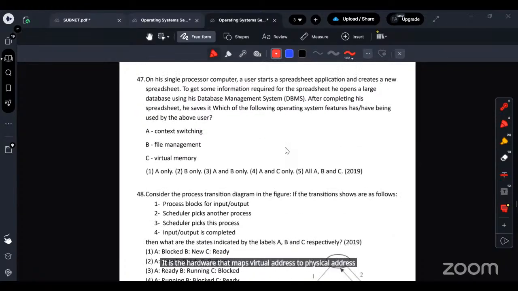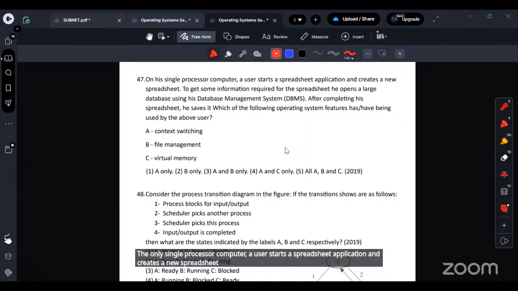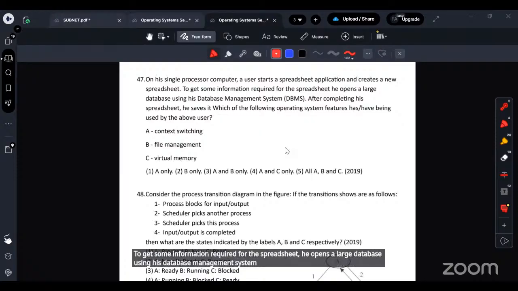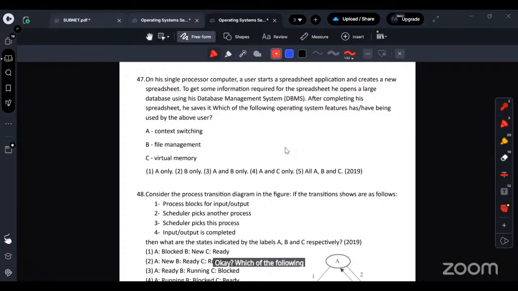Okay. Now, on a single processor computer, a user starts a spreadsheet application and creates a new spreadsheet. To get some information required for the spreadsheet, he opens a large database using his database management system. After completing his spreadsheet, he saves it. Which of the following operating system features has or have been used by the above user?